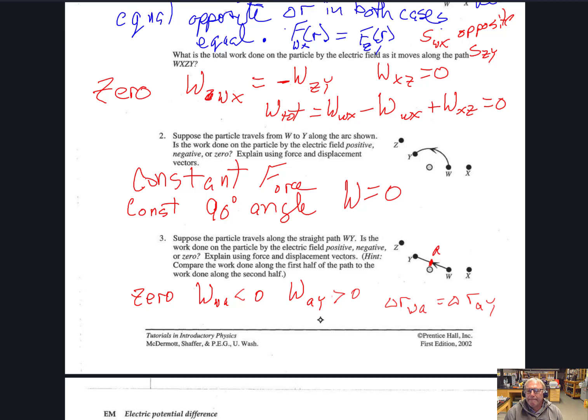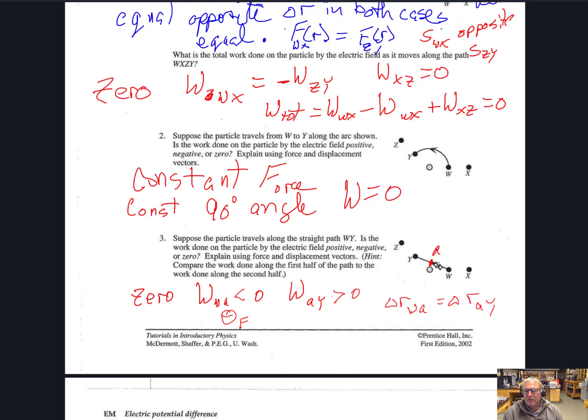And, oh yeah, let's call it theta of F. So for, oh yeah, so that's good enough.